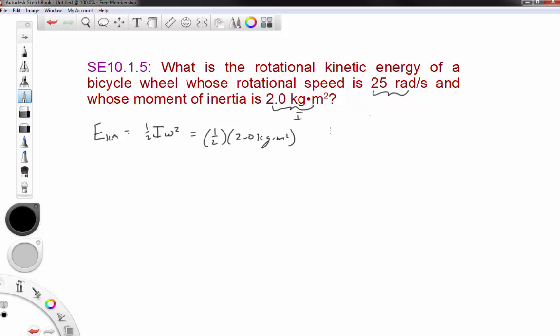This term right here is the angular speed, or rotational speed, so that's 25 radians per second. We're going to square that. If you do all that, then you get 1/2 times 2, which is 1, times 25 squared, which is 625. So this has a kinetic energy of 625 joules.